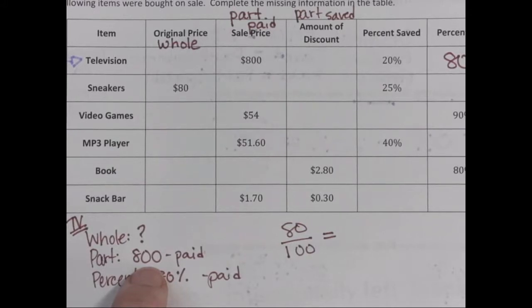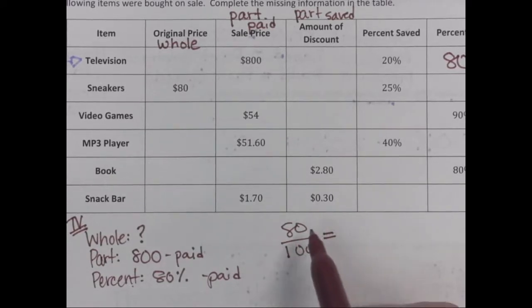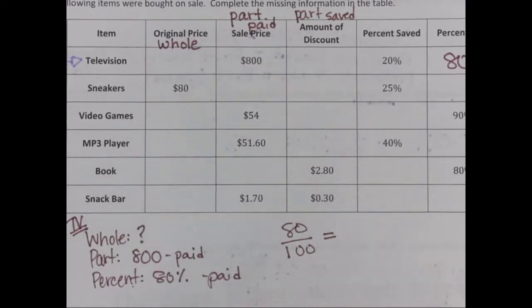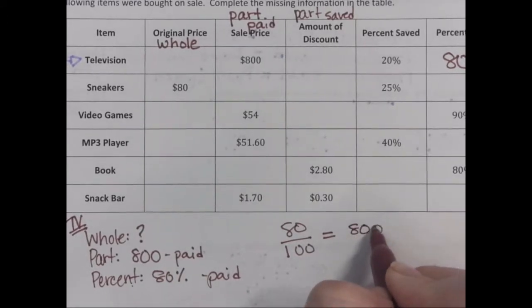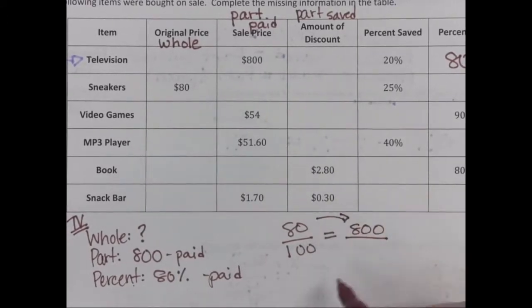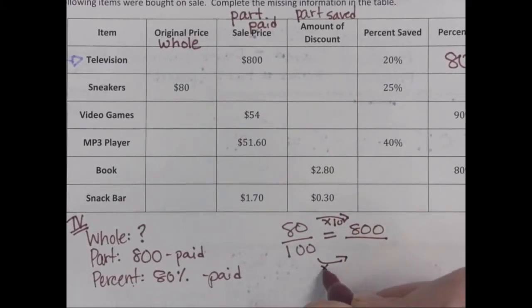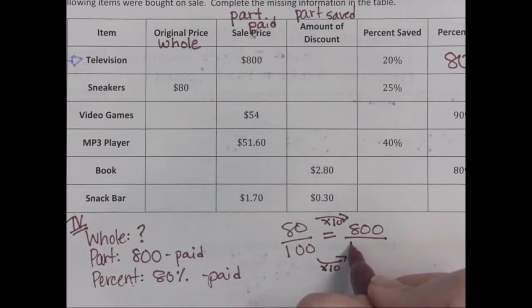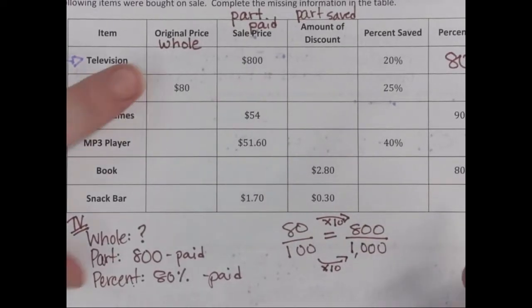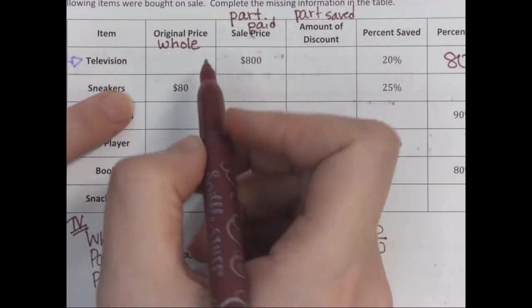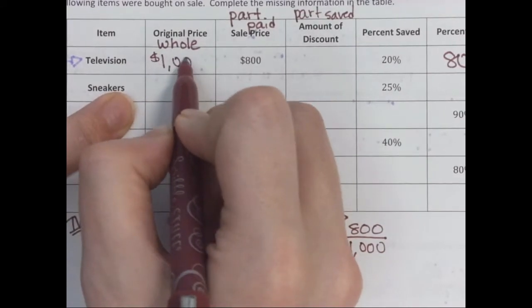Not yet. On the top. Can I convert the numerator here to 800 pretty easily? Yeah, so I'm not going to reduce. I'm going to what? By 10. So what do I do to the bottom? And I get? Now I know that the whole original price is $1,000.